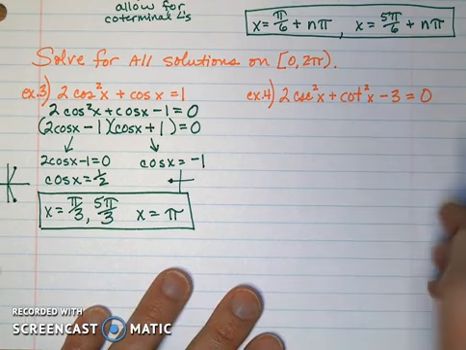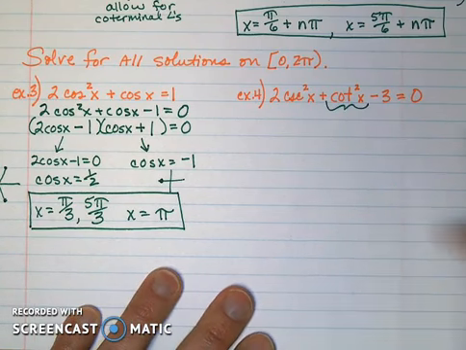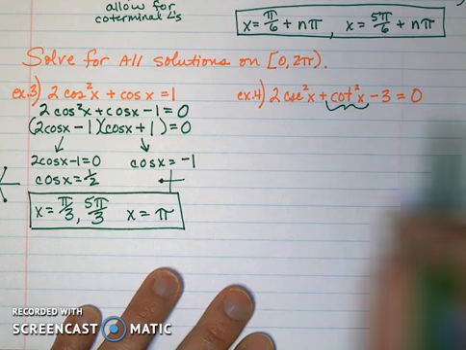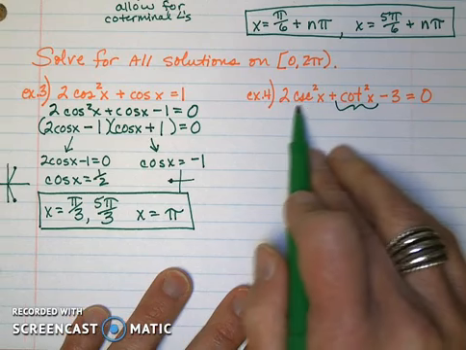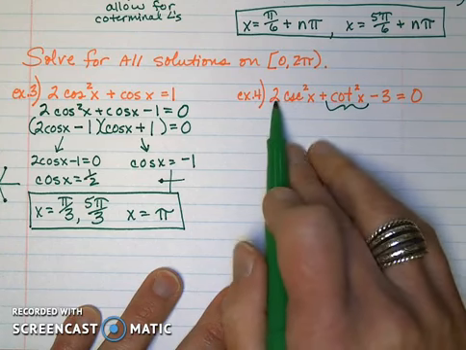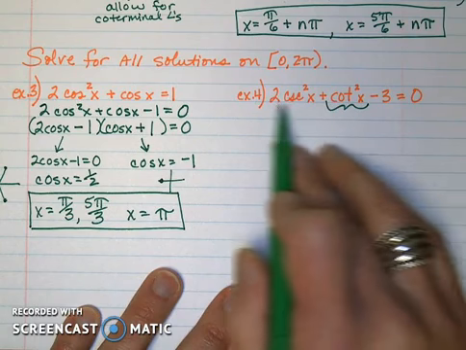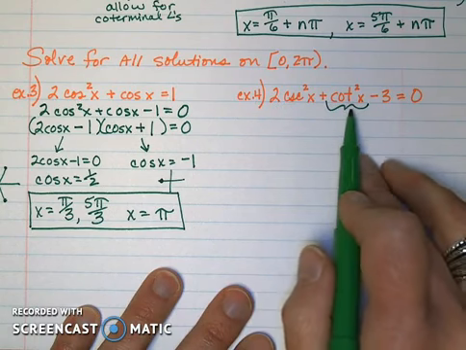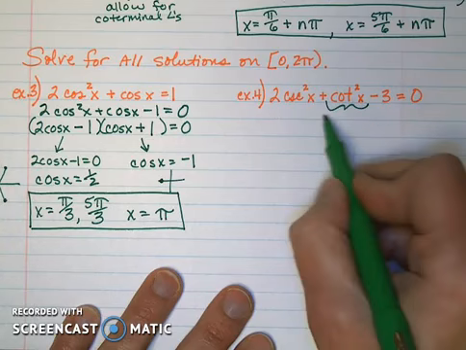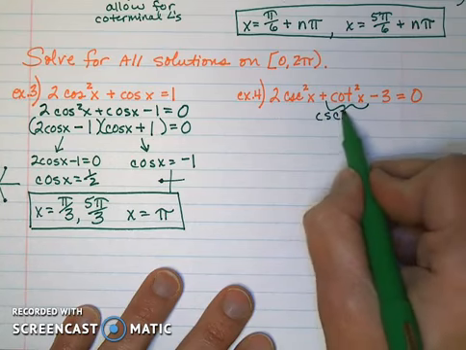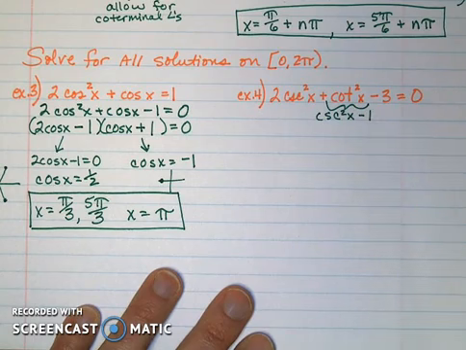I think I'm going to take this one out, and the reason is I already have a positive cosecant squared, and it has a coefficient. So instead of having to distribute that, I'm just going to replace cotangent squared with cosecant squared minus 1. When I replace that, let me go to a different color here.